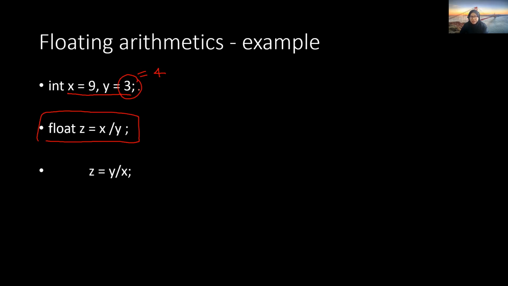Why? Because remember, I told you last time, x and y, these two variables are integers. So they will be evaluated according to the understanding of integers. What does integer understand? It doesn't recognize decimal numbers. If I do 9 divided by 4, actually this one will be 2.25, like Nela said just now. But in terms of x and y, it doesn't change to float yet.